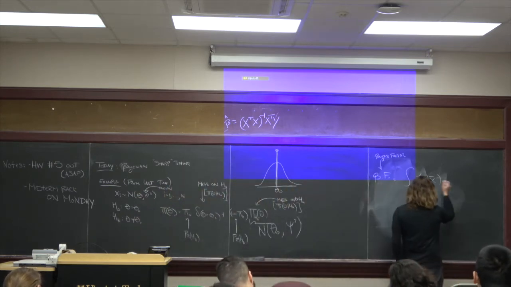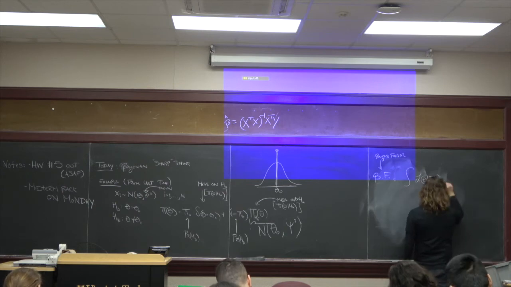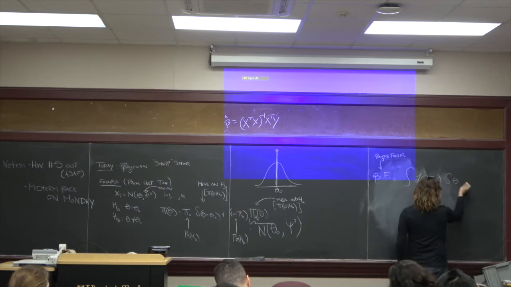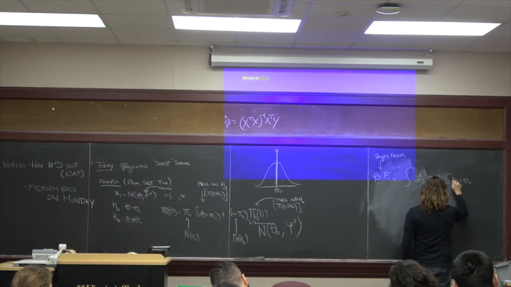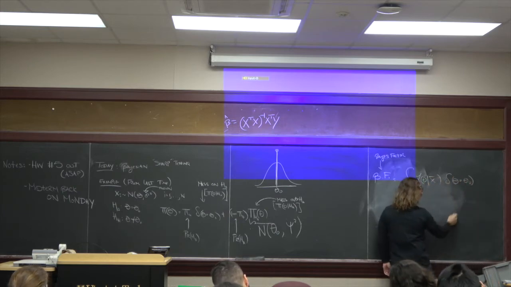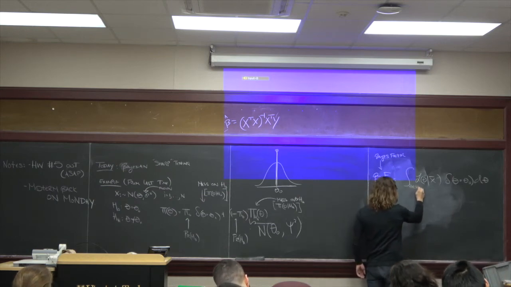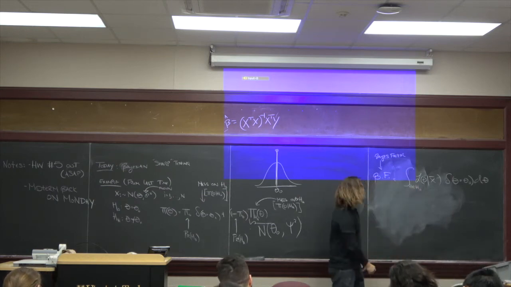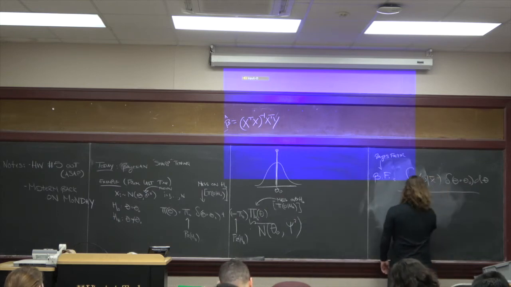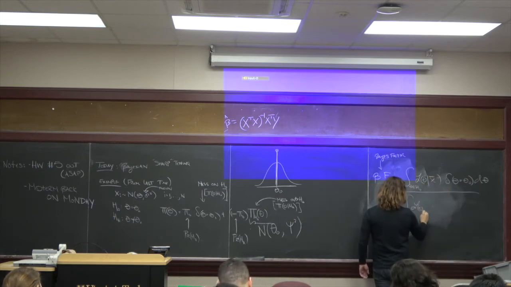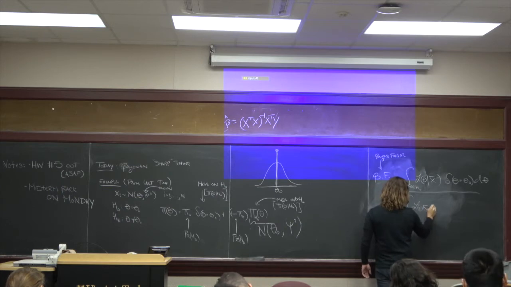And then I'm going to multiply by my prior distribution, i.e. theta is equal to theta naught, how I smear mass over the null hypothesis. And I'm integrating only on that point mass anyway. Divided by integral likelihood, x bar.